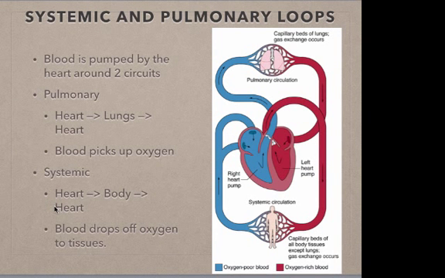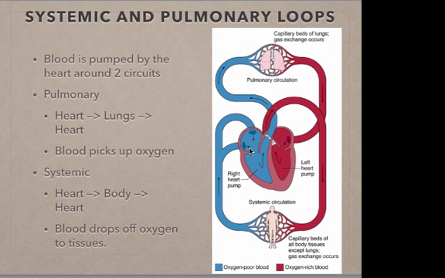The heart pumps blood around through two different circuits, and this picture sort of shows each of those separately. So we can see here that the pulmonary circuit goes from the heart over here on the right side of the heart, through the lungs, and then back to the heart. This is the loop where the blood picks up oxygen and drops off carbon dioxide.